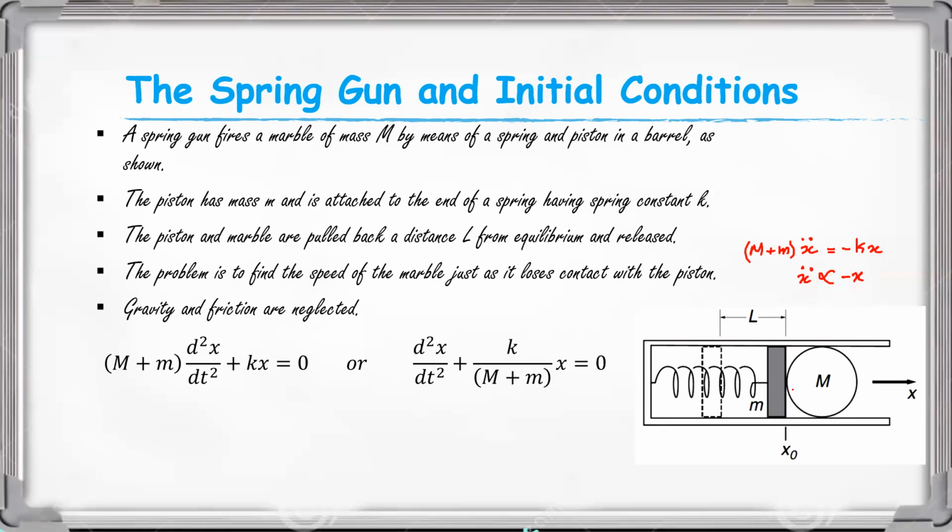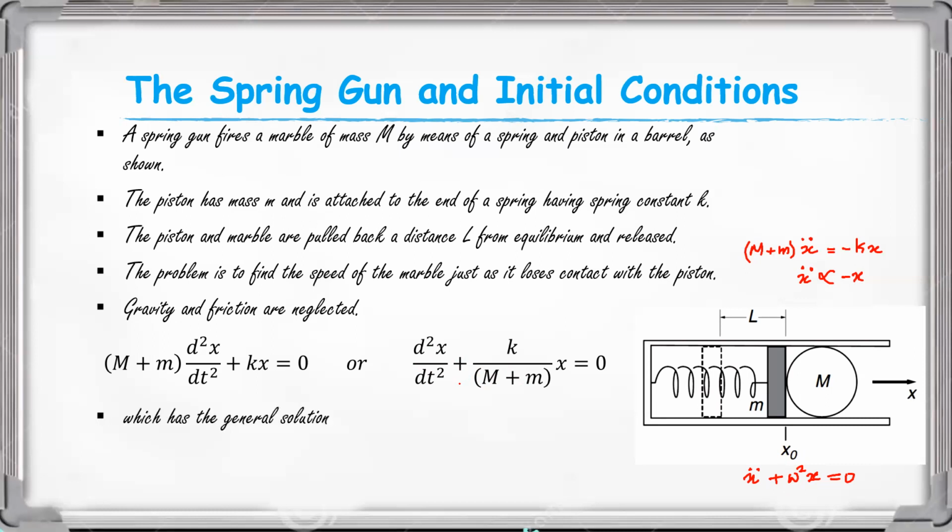The equation of motion of such a type must be written as x double dot plus omega square x is equal to 0, where omega is the angular frequency.